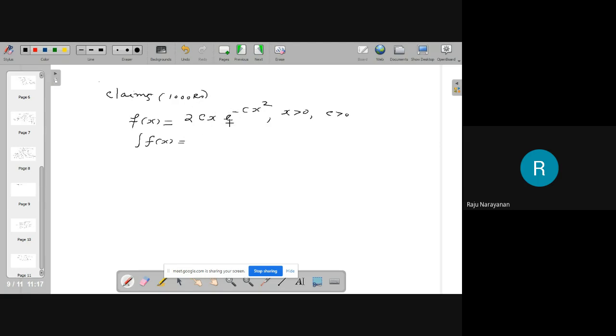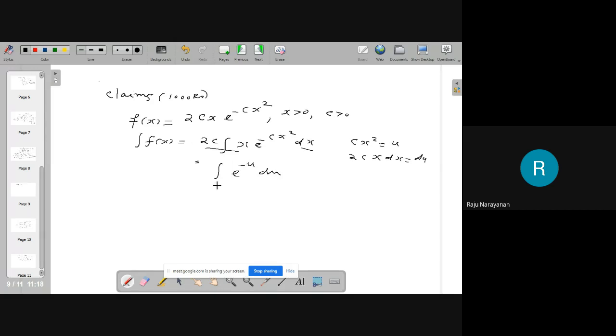Integrate: integral 2c x e raised to minus c x square dx. What is to be done? You can take c x square equal to u. Therefore, 2cx dx is equal to du. Therefore, integral e raised to minus u du.